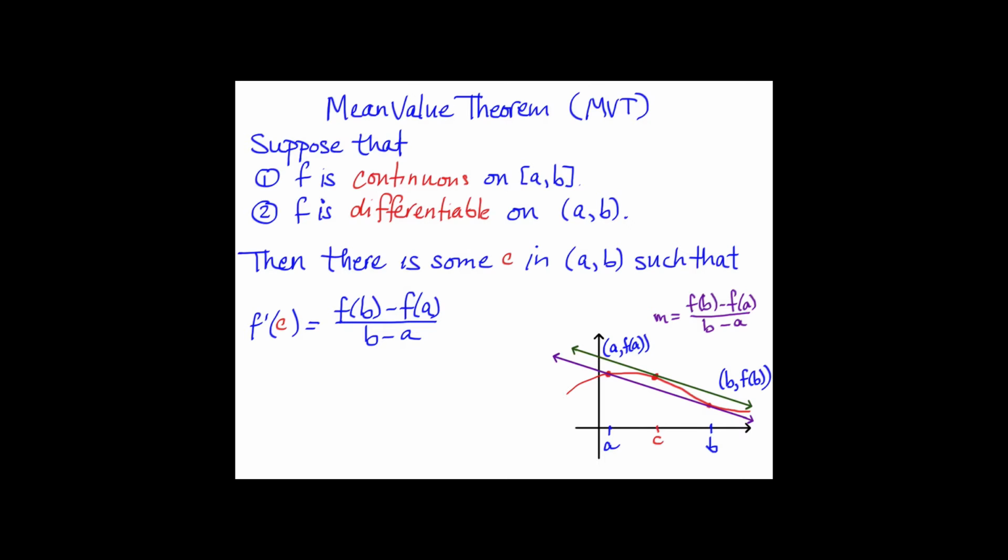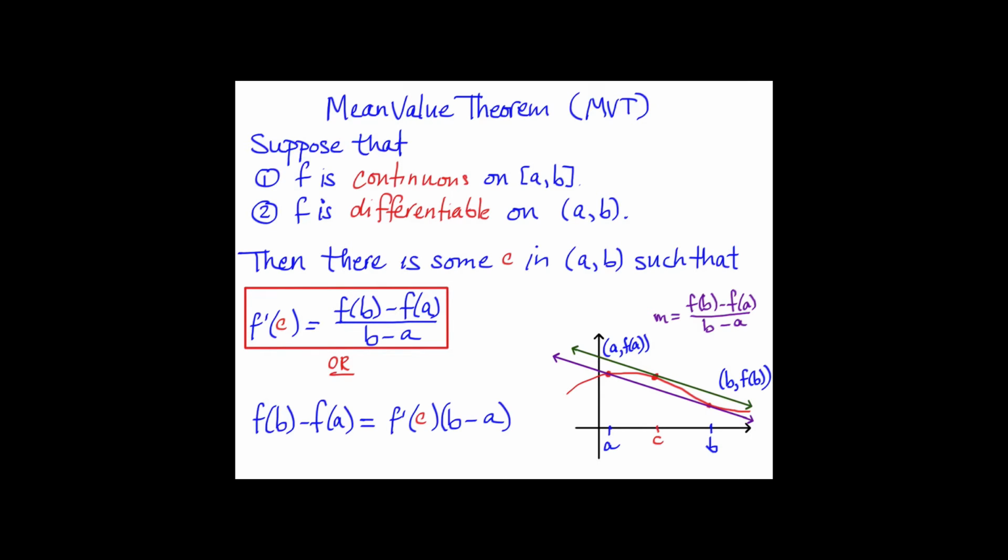And then another way to write that equation in the conclusion of the mean value theorem, if we multiply both sides of the equation by B minus A, we get f prime of C times B minus A is equal to f of B minus f of A. Sometimes this equation is the one we want to use in certain problems. All right, let's look at a quick example.